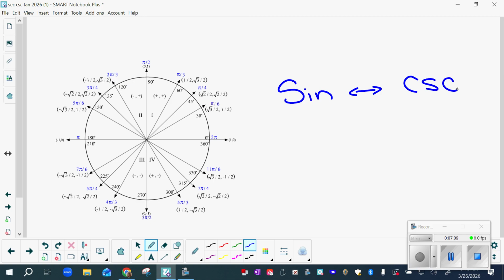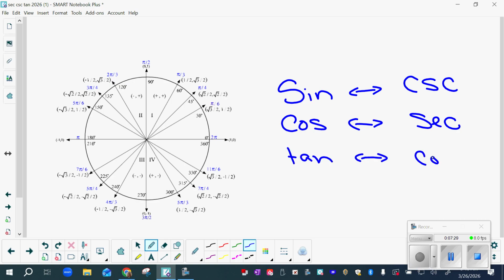Because every partnership has a C to start off. So cosine's weird cousin is secant, right? Because cosine has a C in it and secant doesn't. And finally, tangent's weird cousin is the easiest one. It is cotangent. And what do I mean by weird cousin? It's just flipped upside down.